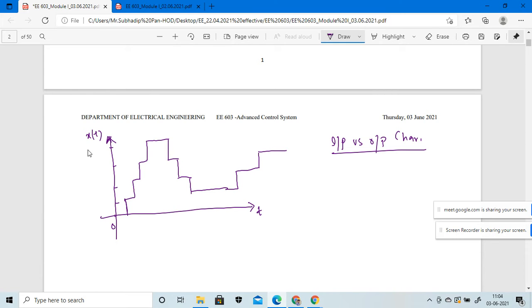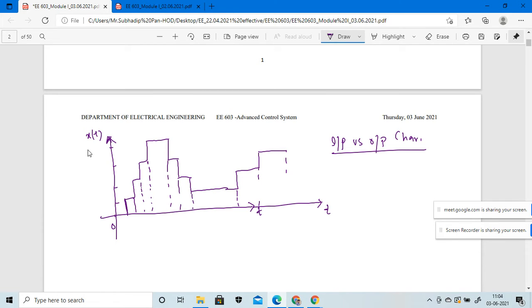This is one pattern, this is another pattern, this is another signal, like that. If we stretch this value, then it will look like this.